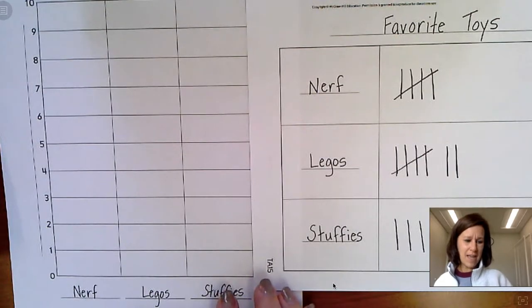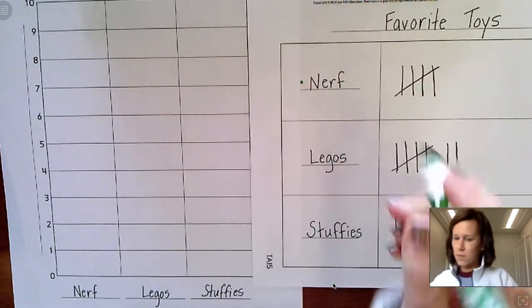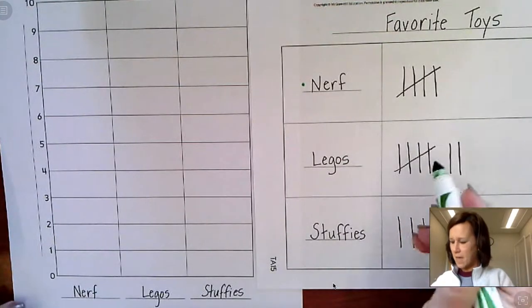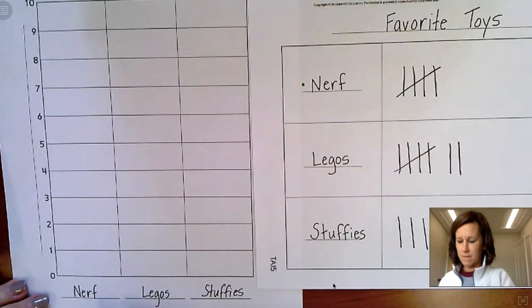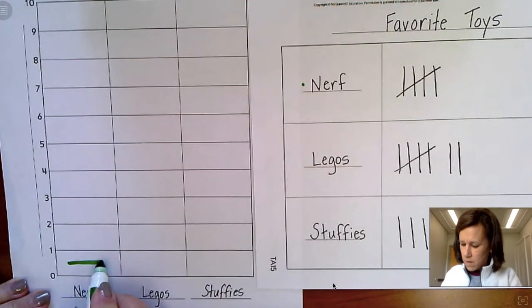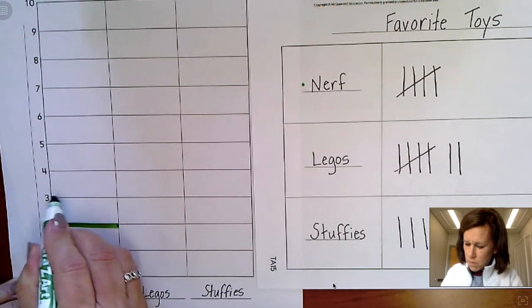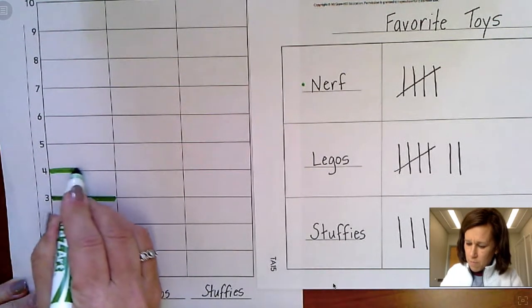And today, I wanted to see if you could warm up for math by helping me decide how to make the bar graph. So, I'm going to make the Nerf part green. How many should I make? How far up the bar should I go? 1, 2, 3, 4.